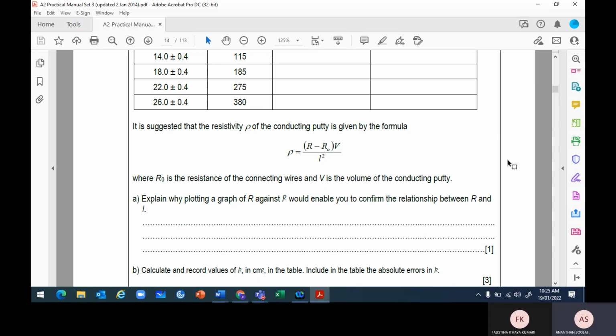Because they want to plot R versus L squared. So your y equals mx plus c, your y must be your R, your x must be L squared, right? So expand this, rearrange it so that your left side, your y, is only R, and you have L squared. So you know our linear law, right?